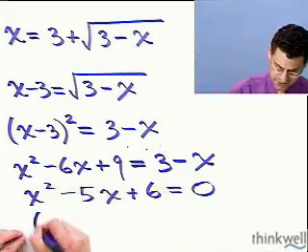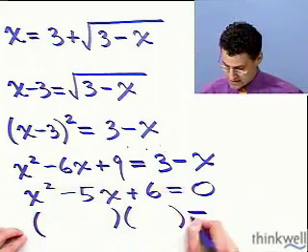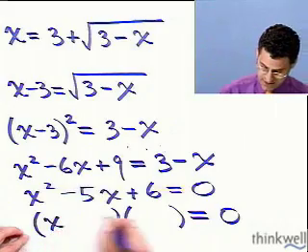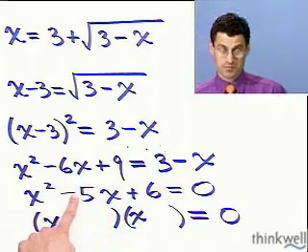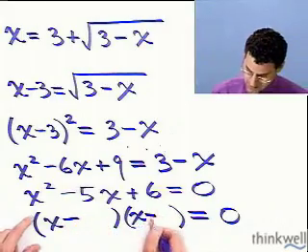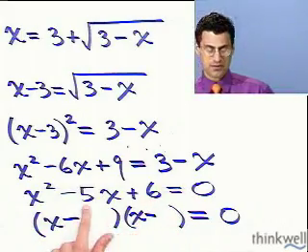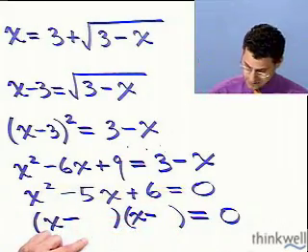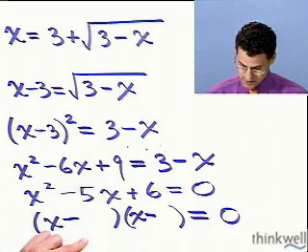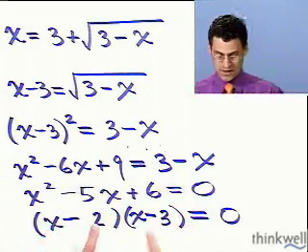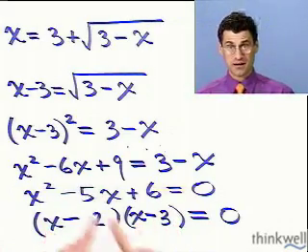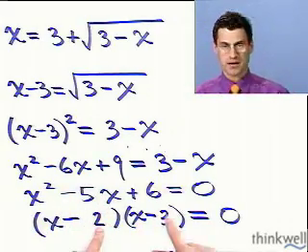Now I want to factor this. I'll put an x and an x. The positive sign tells me they're the same sign, and the minus 5x tells me they must both be negative. Two numbers that multiply to give 6 but combine to give 5 are 2 and 3. Minus 2x and minus 3x combine to give minus 5x, and minus 2 times minus 3 is 6.